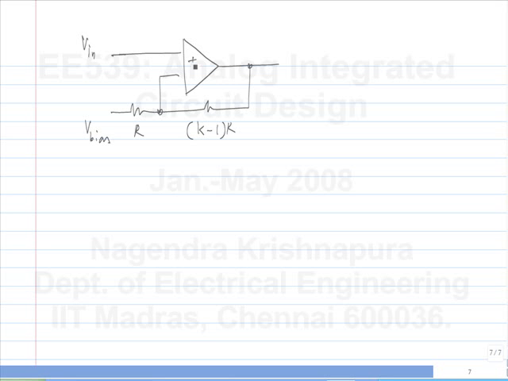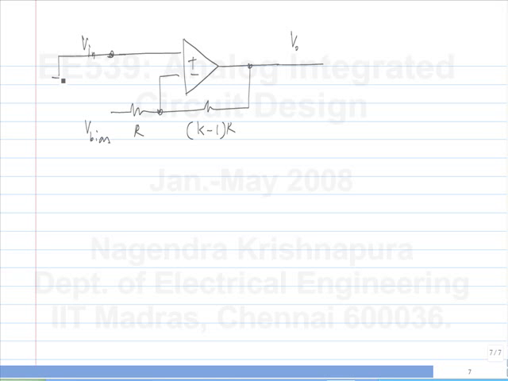V bias, V in. Now I want to evaluate if there is DC negative feedback around this op-amp. How do I do that? First of all, I ground the input. I am not interested in how it behaves for input signals. That's a separate analysis. Okay.